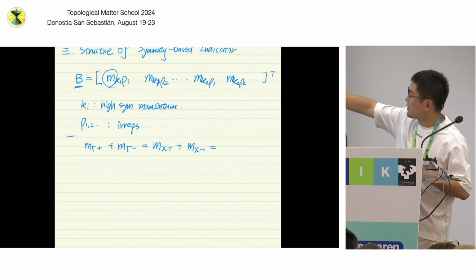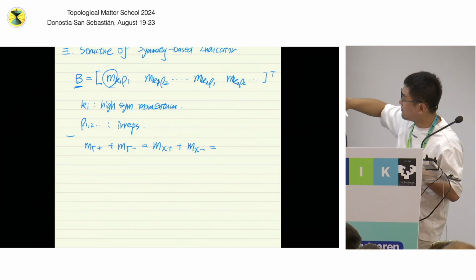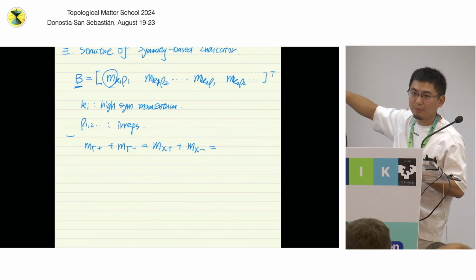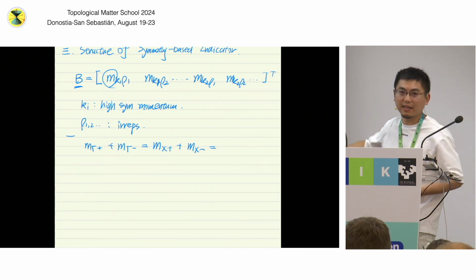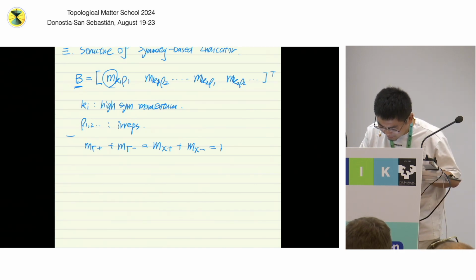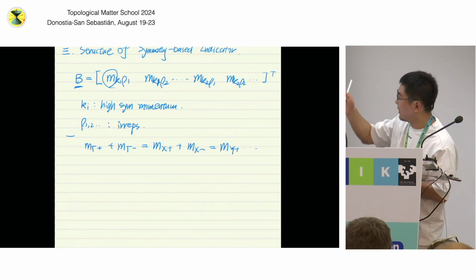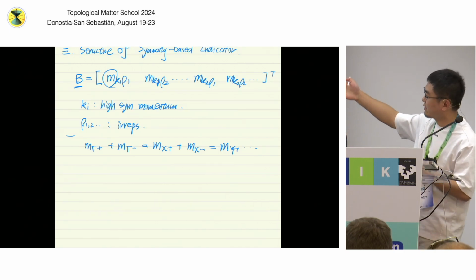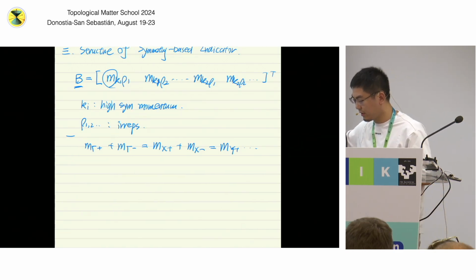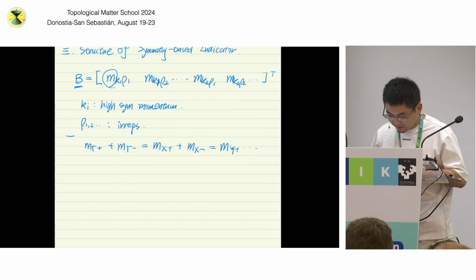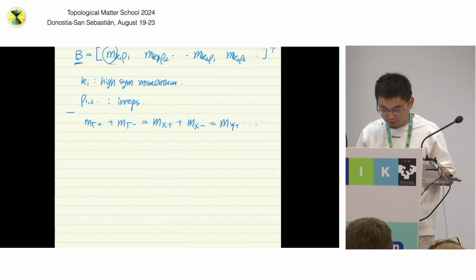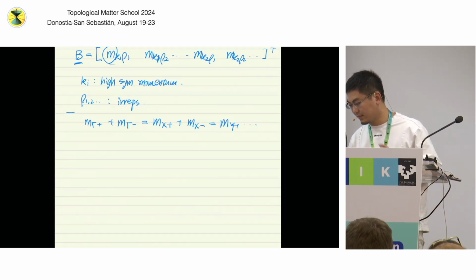This is a very trivial constraint because at every momentum we must have the same number of occupied bands, right? Otherwise it cannot be an insulator, right? Y plus, I won't write down all the constraints, but you understand this. This is just the constraint on the band number. But in a more complicated symmetry group, there are more constraints than this.